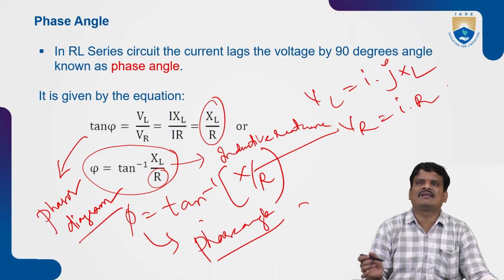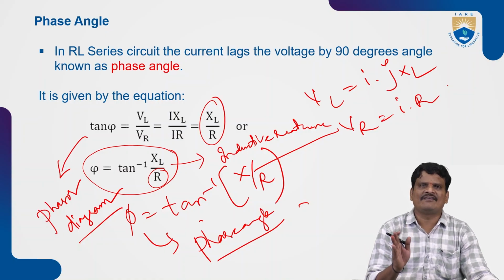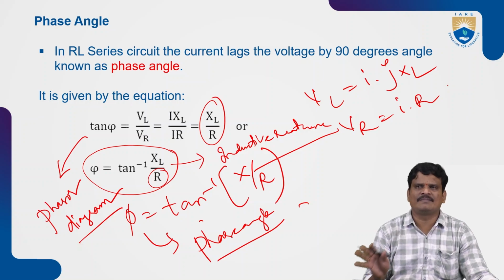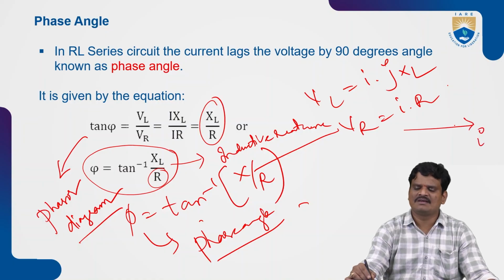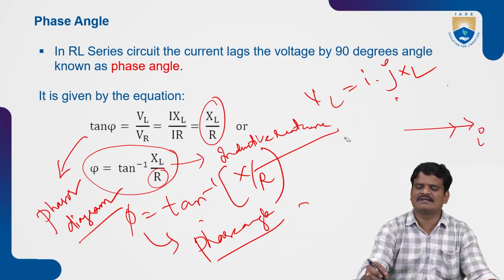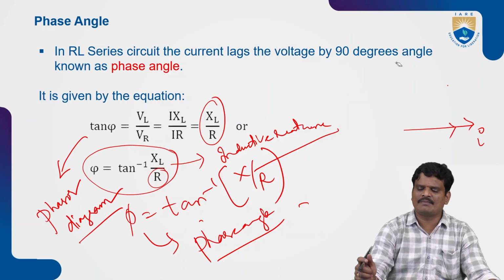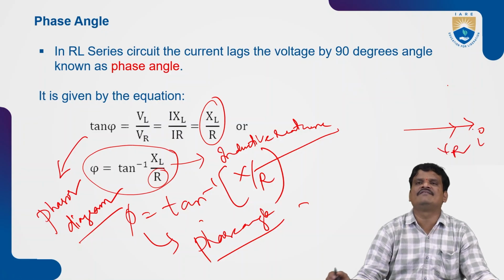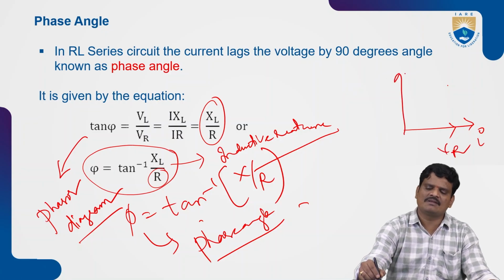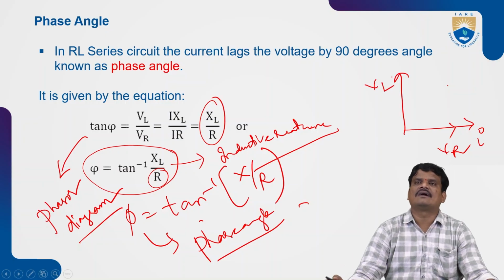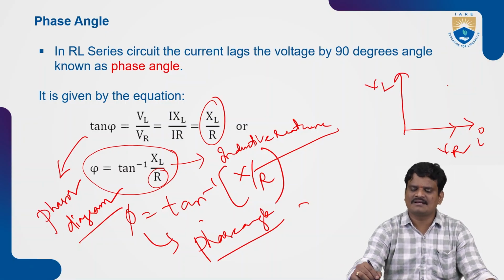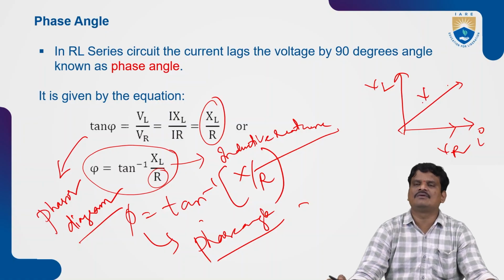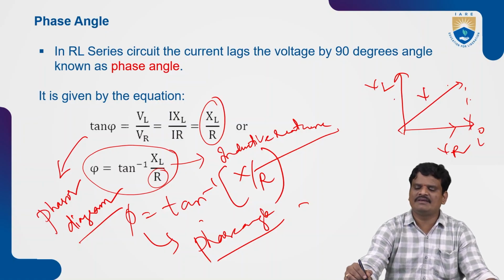So in order to calculate the phase angle, I analyze the value of tan phi using the phasor diagram representation. How was my phasor diagram? I have taken the current as reference. By the property of resistance, current will be in phase with the voltage, and by the property of the inductor, current will lag the voltage by 90 degrees, and the resultant is V. I can take this VL as the opposite side for phi.